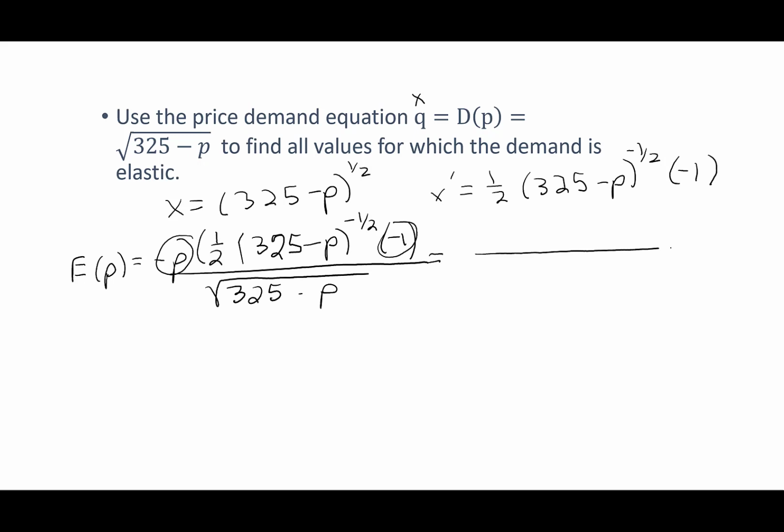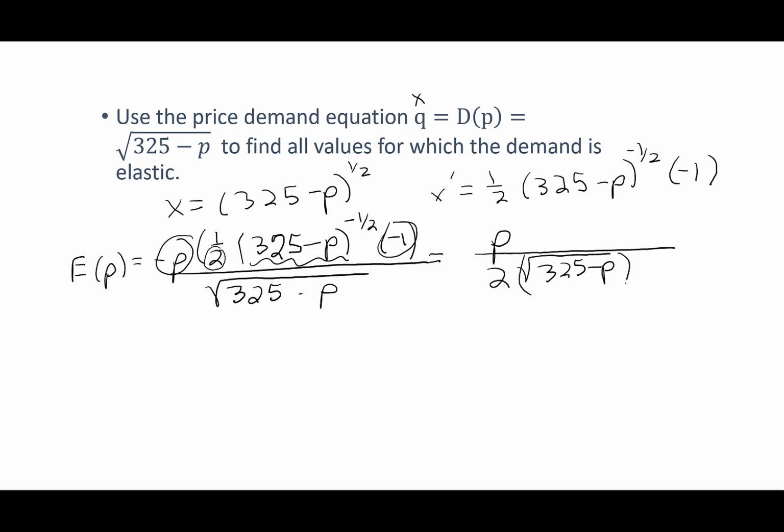The negative 1 times the negative P belongs in the numerator, that's a P. The 1/2 says you could put the 2 into the denominator. This negative 1/2 also belongs in the denominator. Remember that 1/2 is a square root, so this first part, when it goes in the bottom, is the square root of 325 minus P.